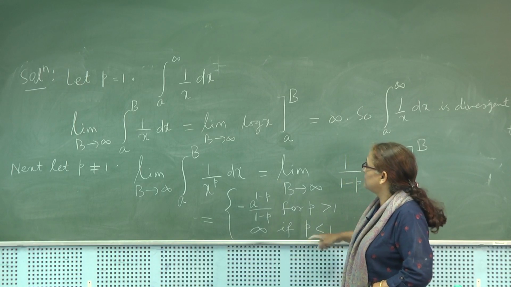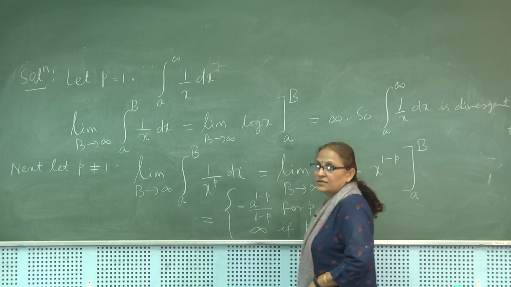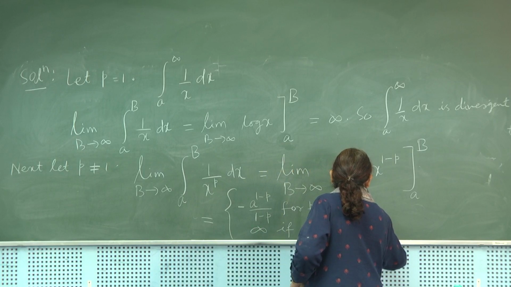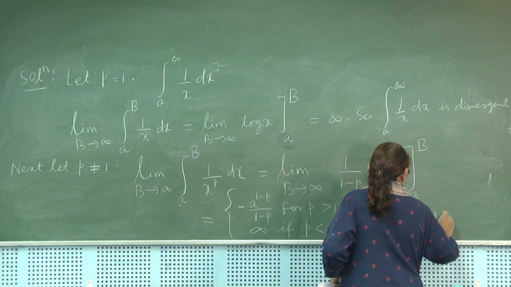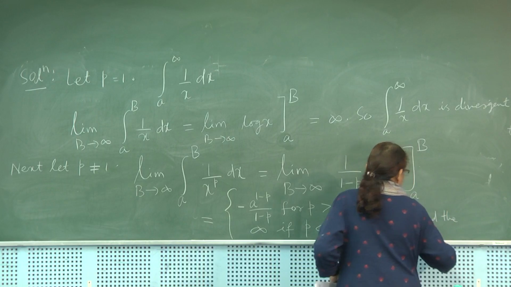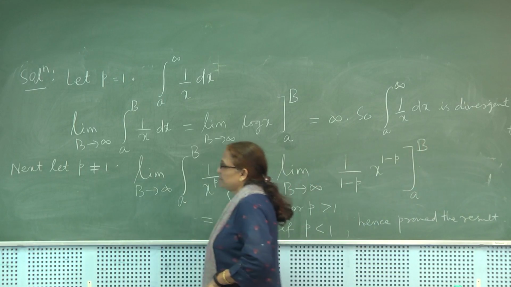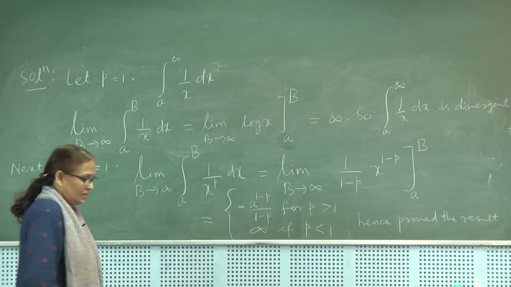For p equal to 1 we have already discussed before, and hence proved the result in this example. So, this is about the p test for type 1 improper integral.